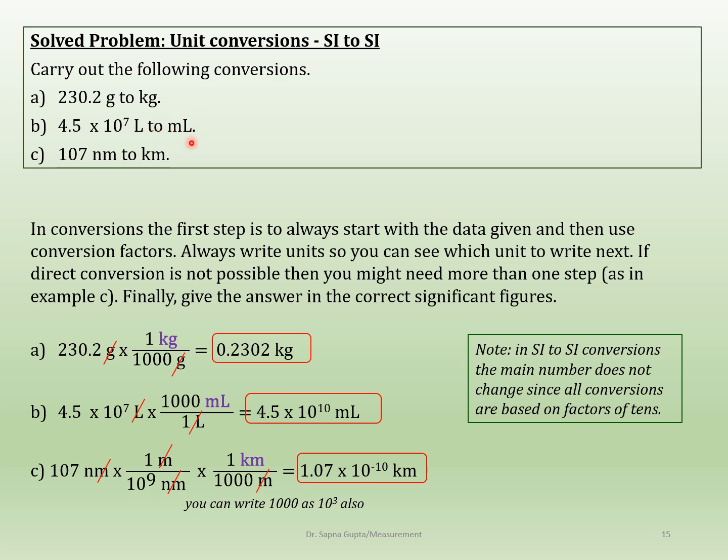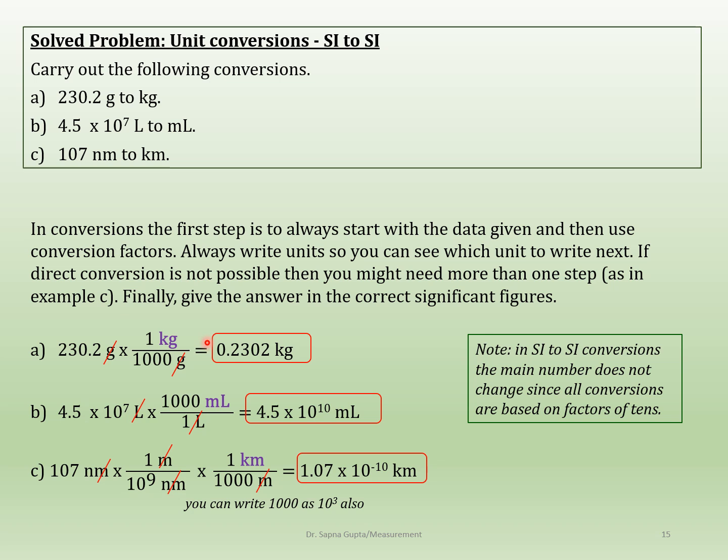Milliliters is a smaller unit, so that means I'm going to have a larger number as an answer. You have to start thinking like that in your brain, and that will help you see if your final answer is correct or not.